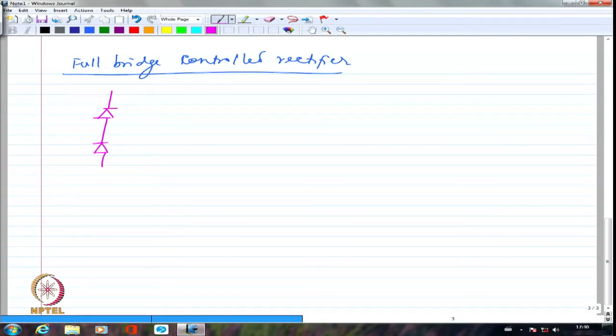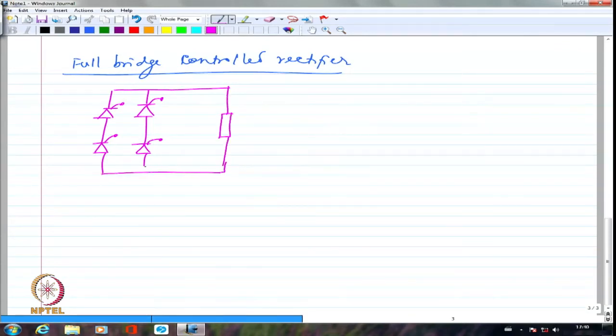So I am going to have again 4 devices, but all of them are going to be thyristors. So this is going to be connected to a load, and I am going to have the AC supply connected here. Let me again name these things.